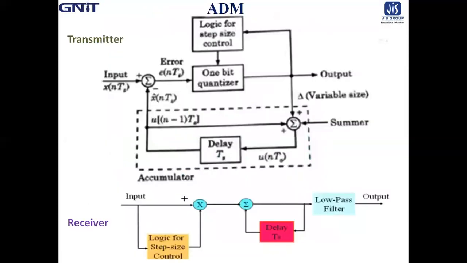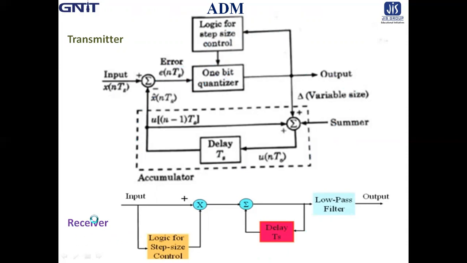Now, what is the circuit for the transmitter? Remember that this part is actually the same circuit as delta modulation. Just one thing is added here, that is the logic for step size control. So from here the output signal goes to the logic for step size control, and all others are the same.